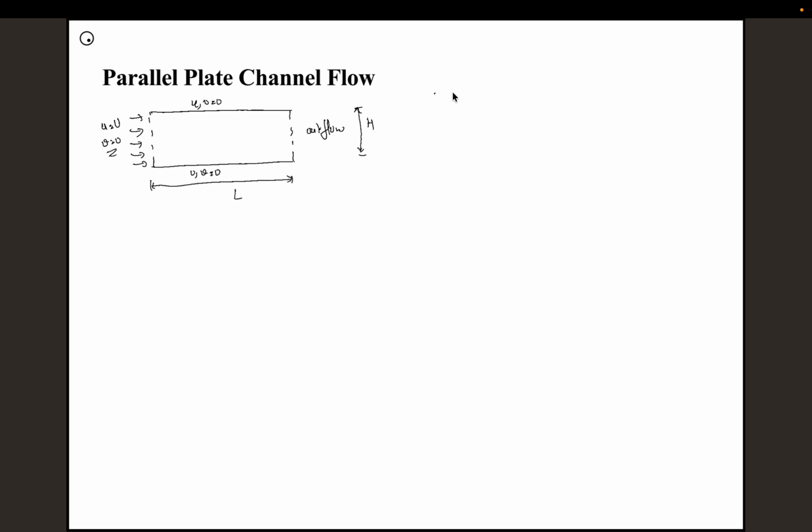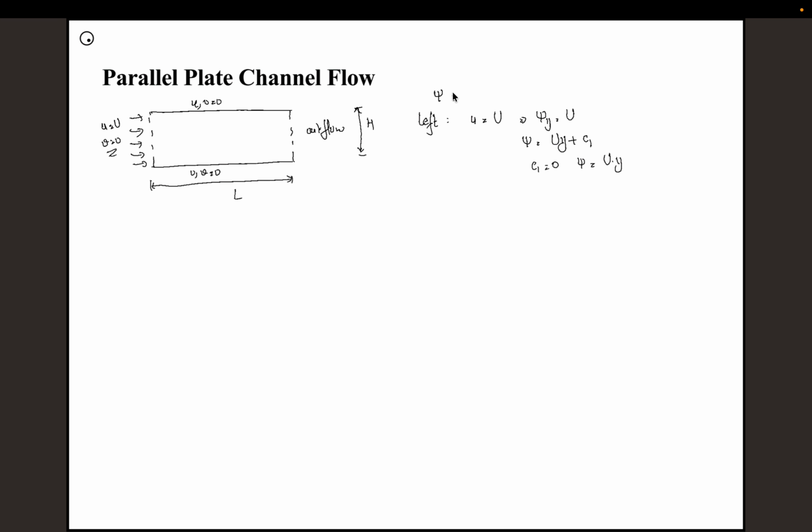So first start with psi boundary values. What will be the value of psi on the left? We can start with C1 equals 0, and that gives me psi is u times y.